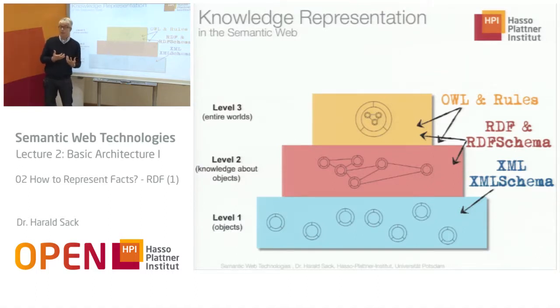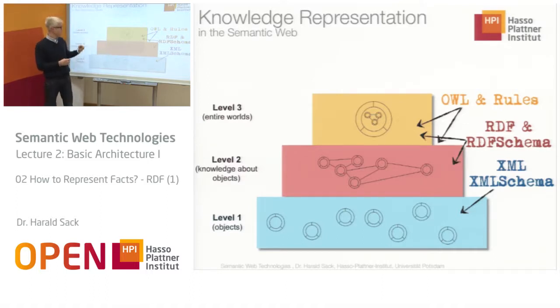And with that, we can formulate axioms that contain knowledge, restrictions, and constraints about these things that we are talking about and that we have defined one level below. So in these 3 steps, we will build up semantic knowledge representation for the semantic web.